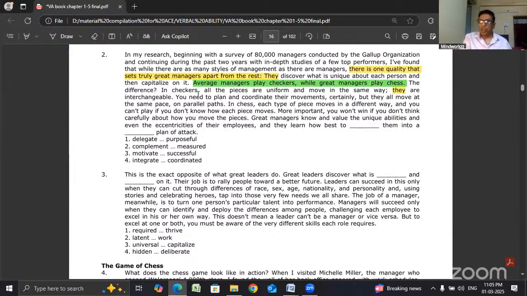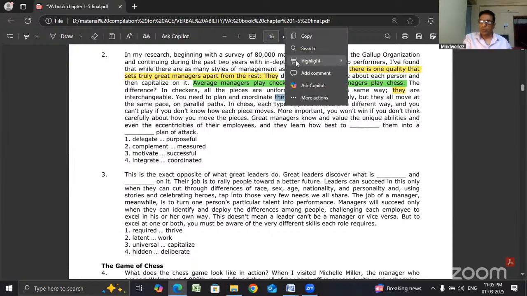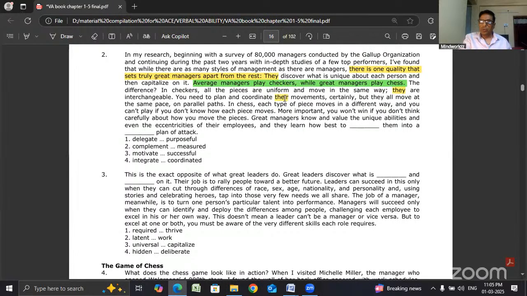So in checkers, all the pieces are uniform and move in the same way. They are interchangeable. You need to plan and coordinate their movements. Again, a pronoun. Whose movements?